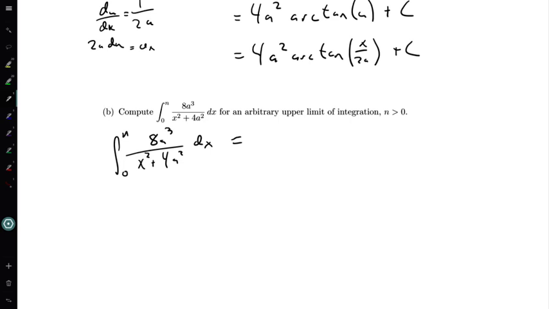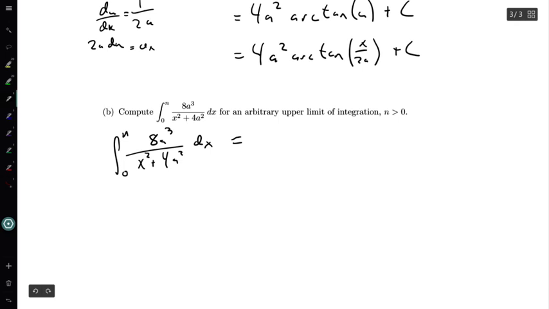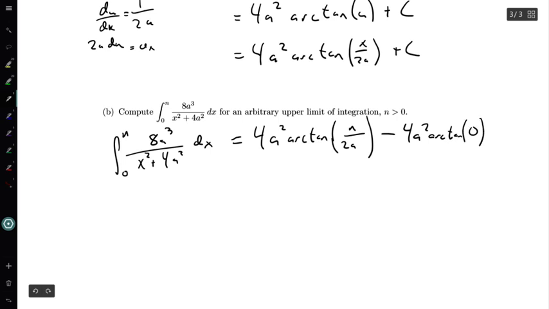So we just found an antiderivative. It is this 4a squared arctan of x over 2a. And so we want to evaluate at the upper endpoint. So we have 4a squared arctan of n over 2a. And we want to subtract the same thing evaluated at the lower endpoint. So 4a squared arctan of 0.